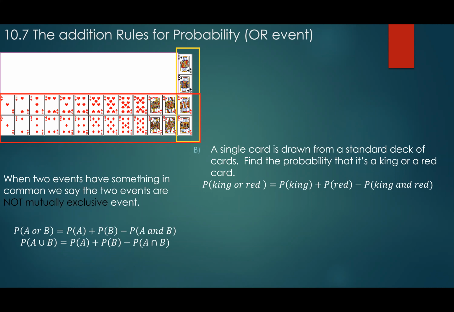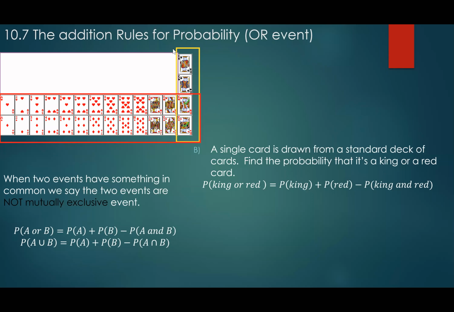Looking at these, do you see that there is something in common? Something fits the description of a king, and it is also a red card. There are some kings that also fit the description of red. Because they share something, they have an intersection, the red kings, which is 2 of them.